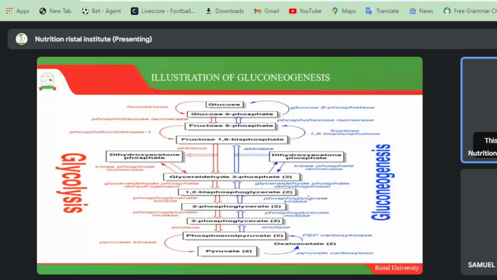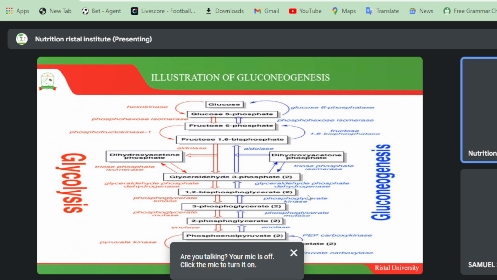Then from there, that same intermediate, the 1,3-bisphosphoglycerate, is converted to glyceraldehyde 3-phosphate.